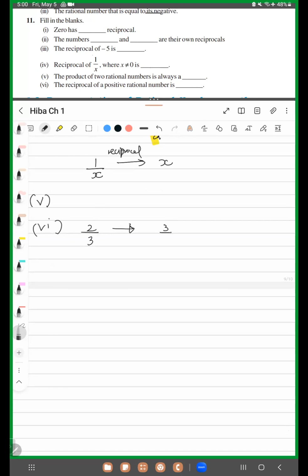So it is 3 by 2, हाँ पॉजिटिव. So reciprocal of a positive rational number is always positive. The reciprocal of a negative rational number is always negative. ठीक है? Okay.